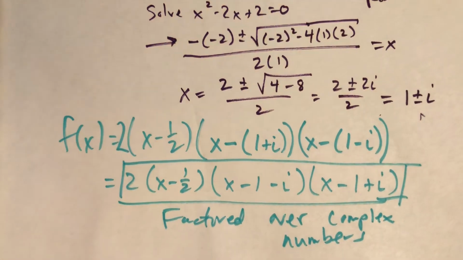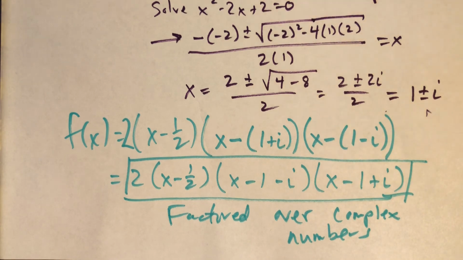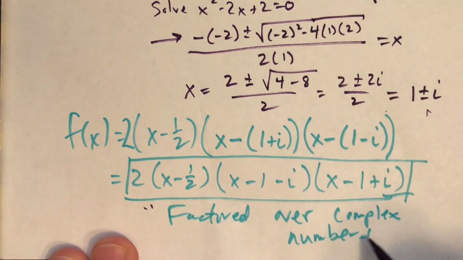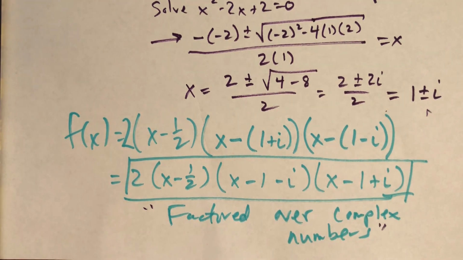All right, so essentially what those two phrases mean: when we say factored over the real numbers, we just mean factor it as much as you can down to linear factors using real numbers. And when we say factored over the complex numbers, we mean we want to break it down to linear factors using complex numbers too. So here we go, we've done it.